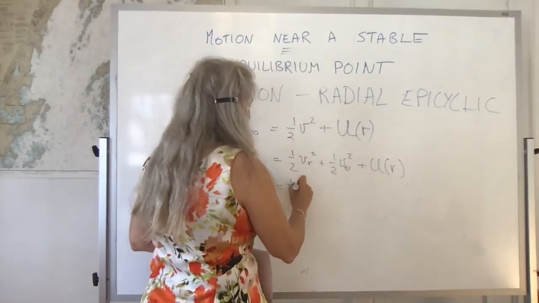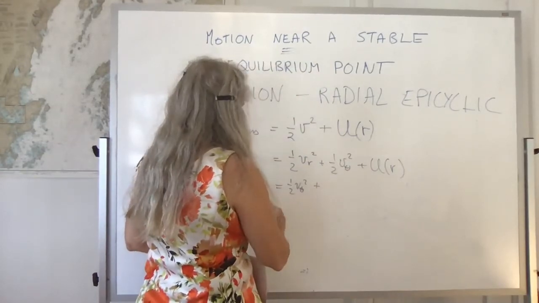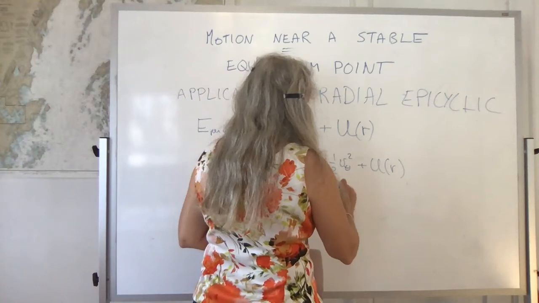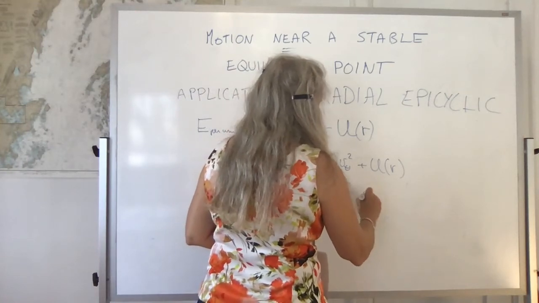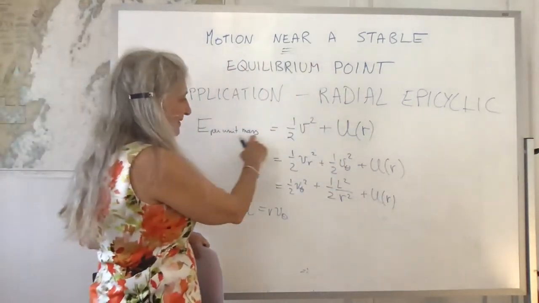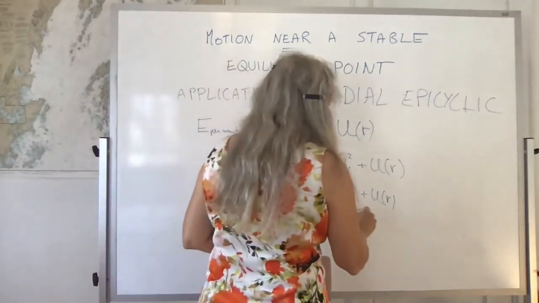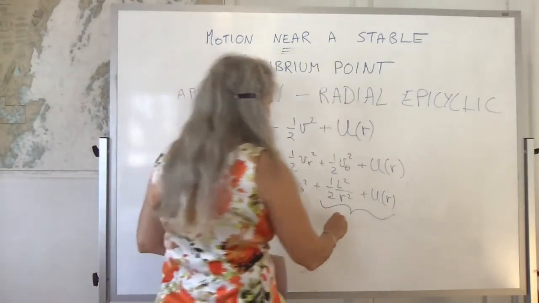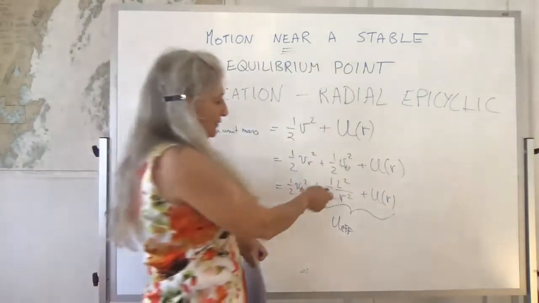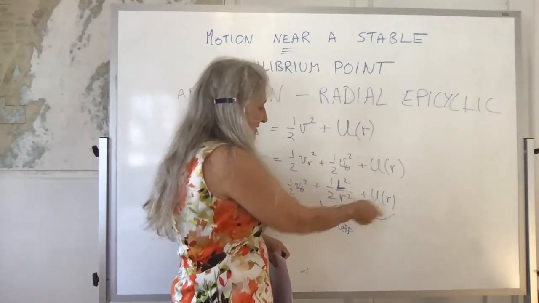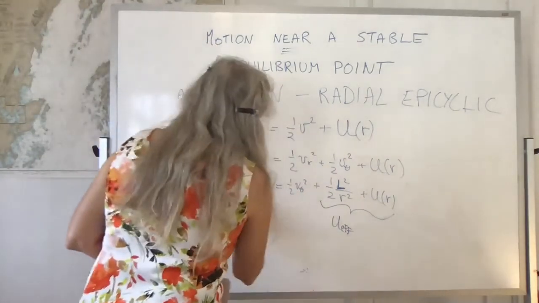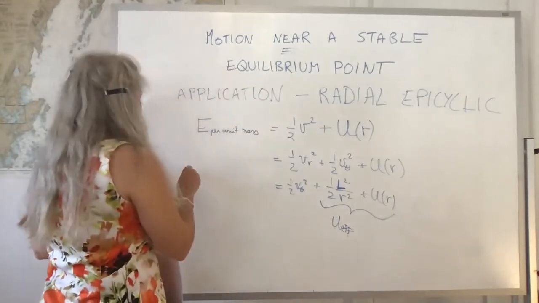The tangential component of velocity is just the angular momentum divided by radius, so this is L squared over 2r squared, and this is potential energy per unit mass, to be consistent with this. Then we called this an effective potential. All the radial information, once you choose the angular momentum, depends only on radius. And so the equation of motion in the radial direction looks like this.